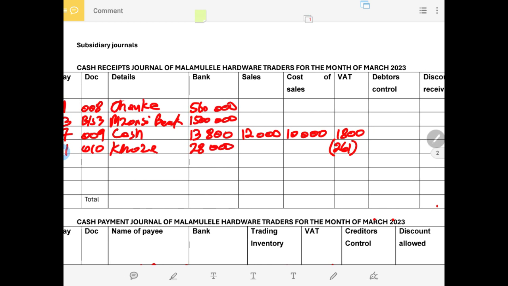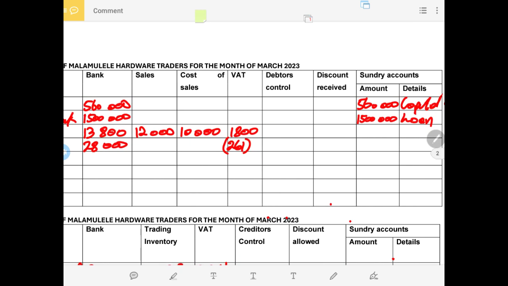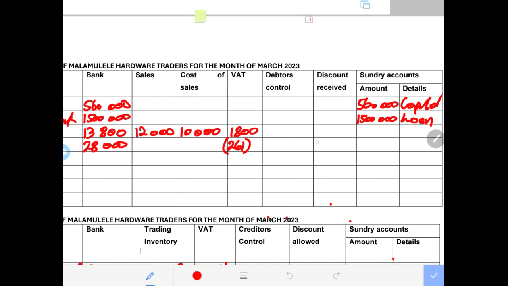Whenever there's a settlement discount and VAT must be calculated, that VAT gets to be recorded negatively. And also the discount column, this is the cash receipt journal. Under the discount column, the discount also gets to be recorded as negative. It reduces the total amount the customer was owing us, 1,739.